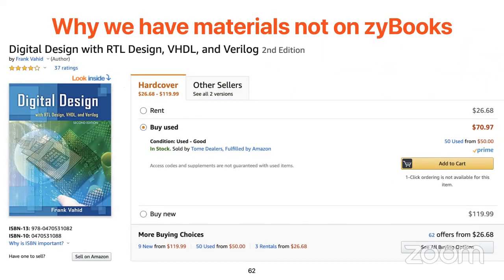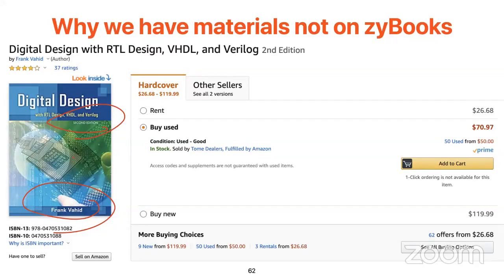Last lecture, when I talked about that, you have to pay attention to materials not in the textbook, because you guys are aware that you got the Zybook for free. Although the Zybook says it's digital design and it's also written by Frank Vahid, the truth is that if you compare the second edition book and the Zybook, the content is actually a lot less on the Zybook.